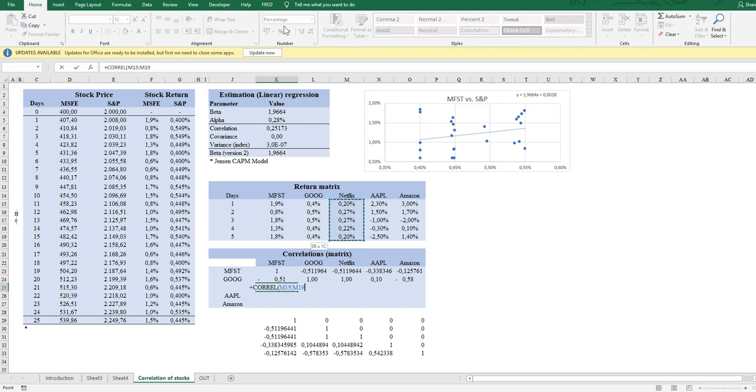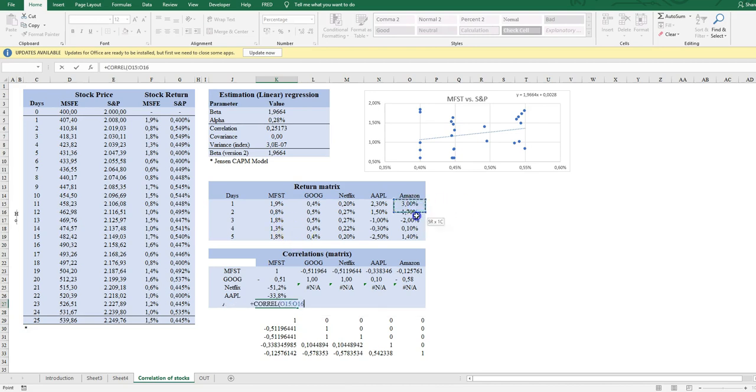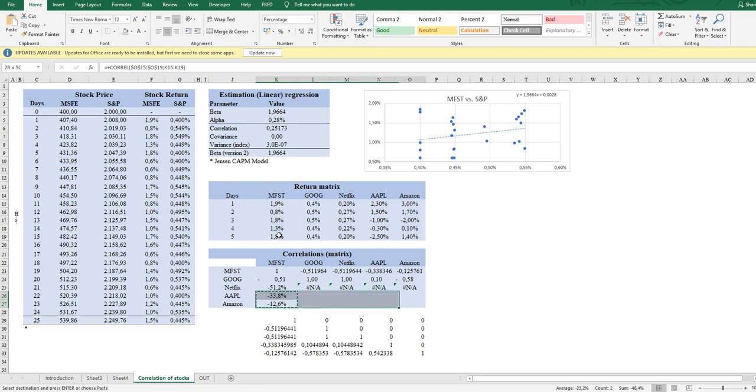And we have Netflix with Microsoft, always remember to fix the one that we would like to calculate from. Then of course there was a problem. Apple with Microsoft, and Amazon with Microsoft.